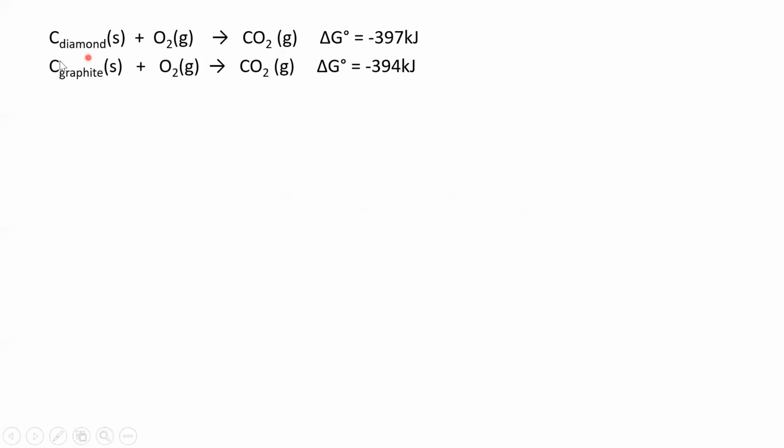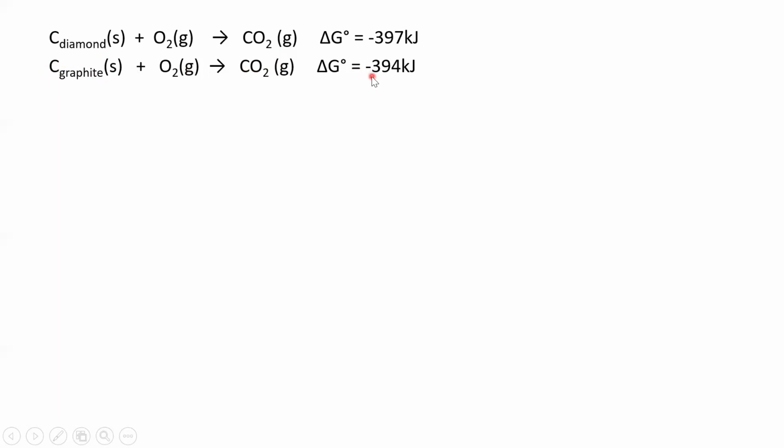So we want diamond to end up on the reactant side, so we're going to leave that first reaction the way that it is. But we want graphite on the product side. That means we're going to need to flip this reaction around, which means we're going to be changing the sign on delta G. The reaction is spontaneous in this direction.